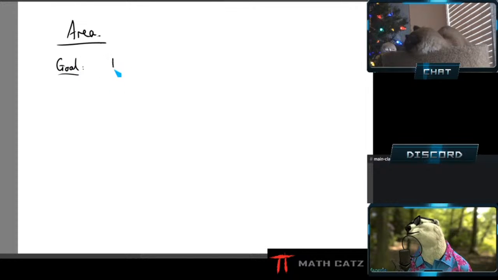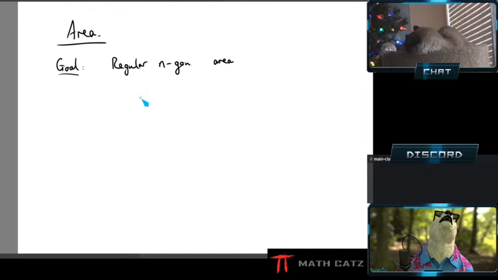So let's stick to a regular polygon, but let's not look at a specific number of sides. Could be a triangle, could be a square, but we know those. What about a regular pentagon, regular hexagon, regular polygon with n sides?